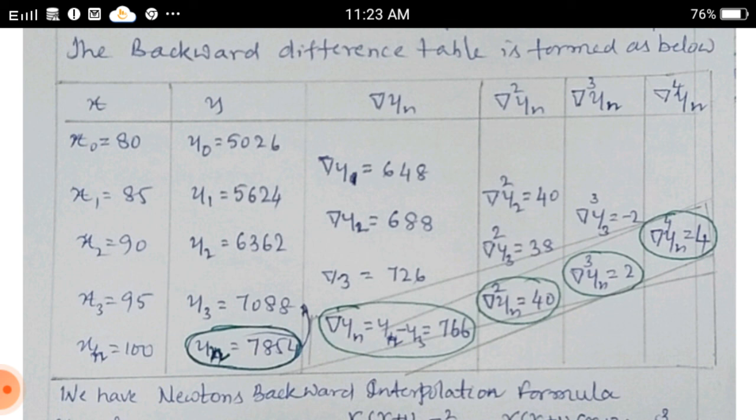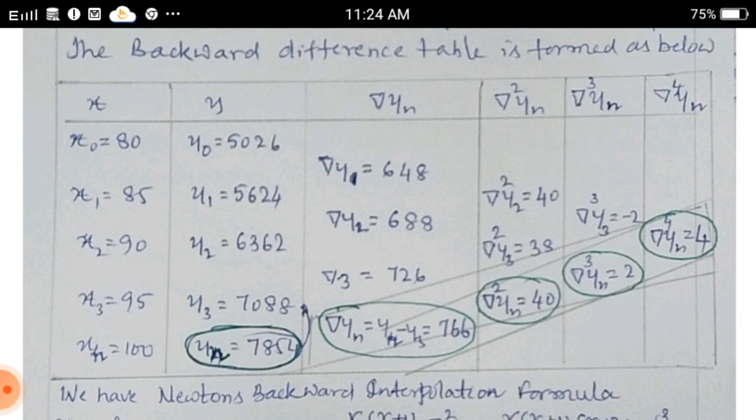When using the backward formula, the last values of every column are the differences of yn, that is del yn, del square yn. Third differences, or the differences of second order backward differences, are the third order backward differences. So from the last, del cube yn is equal to 40 minus 38.